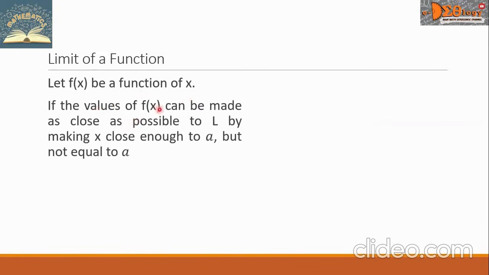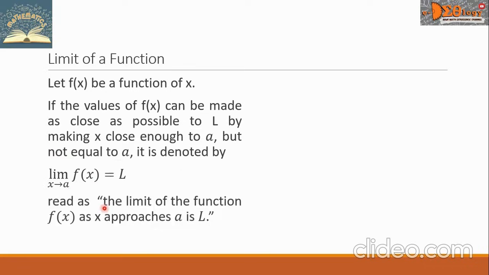If the values of f of x can be made as close as possible to capital L by making x close enough to a but not equal to a, it is denoted by lim f of x as x arrow a equals capital L. This expression is what we're going to see every now and then when we study calculus.